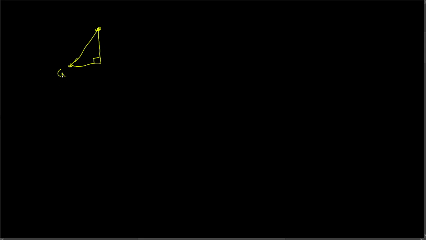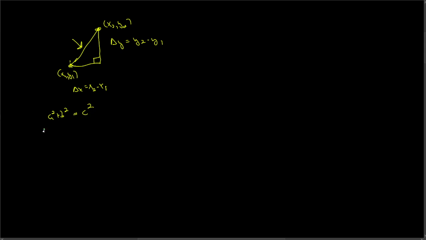And if this was x1 and y1, and this was x2 and y2, if I go from this point up to this point, that was a change in y of y2 minus y1. And if I go from this point to this point, that was a change in x of x2 minus x1. And if we ever wanted to find the distance, we used Pythagoras' theorem. a squared plus b squared equals c squared.